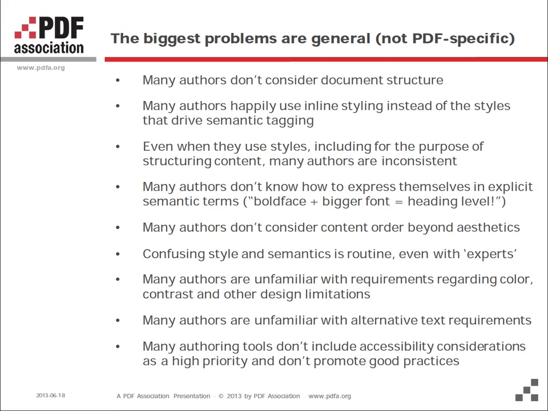So many authors happily use inline styling instead of styles that drive semantic tagging, and this is a major source of concern. This is a major source of why documents tend to be poorly structured from the point of view of accessibility needs. Even when authors use styles such as headings or lists or tables, they very frequently use them incorrectly or inconsistently.